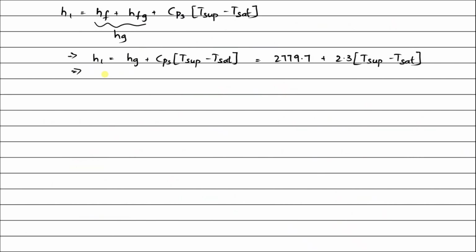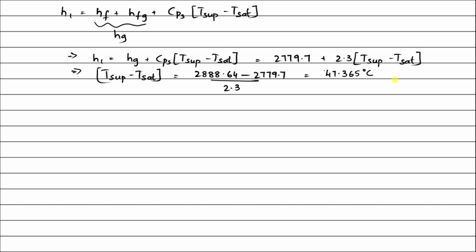I had found H1 as 2888.64, so I can write T sup minus T sat equal to 2888.64 minus 2779.7 divided by 2.3. And this I am getting as 47.365 degrees Celsius.